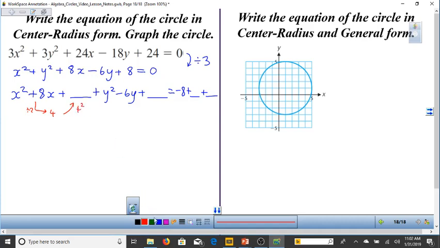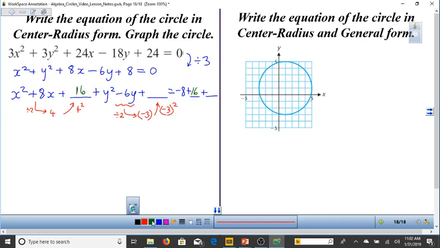So I'm adding 16 to both sides. And then in this case, I'm going to take -6 and divide by 2. I get -3. And when I square that, I get 9. So I'm adding 9 to both sides.